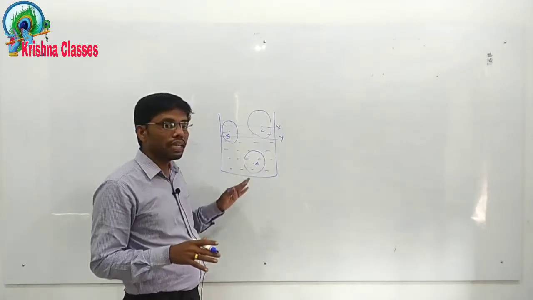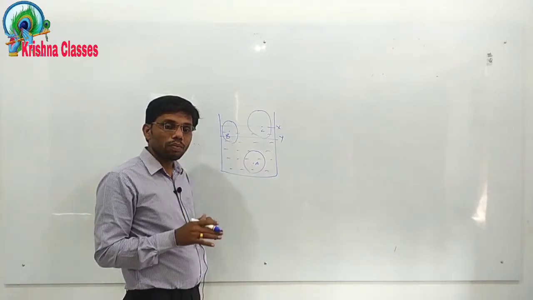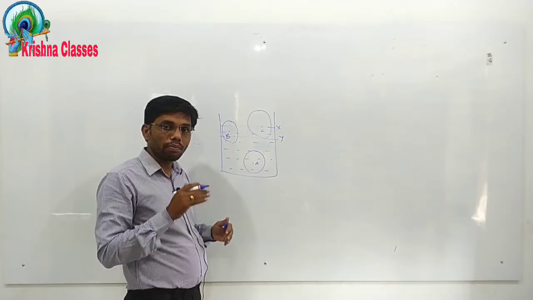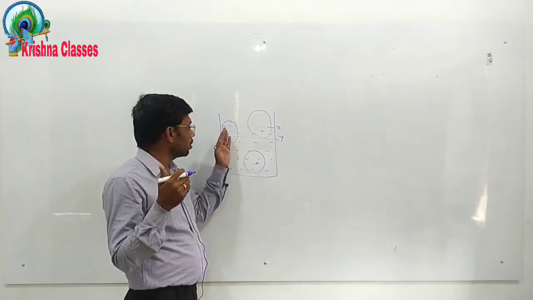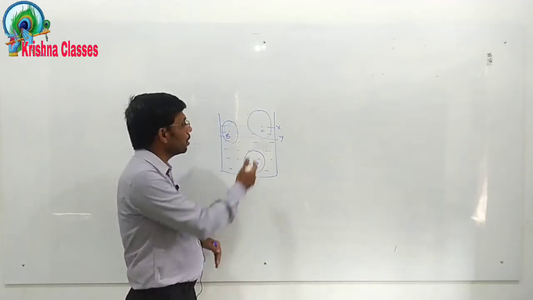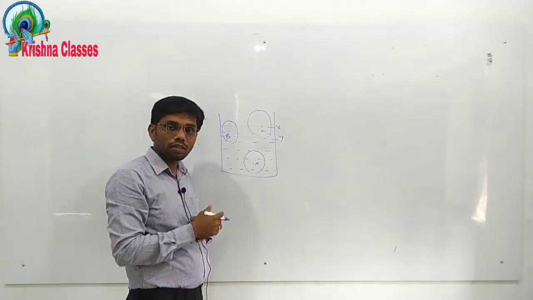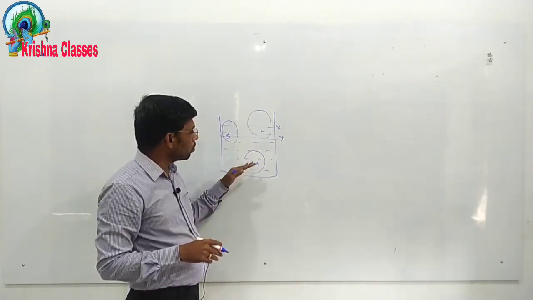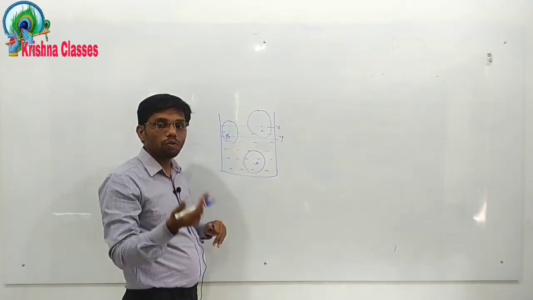But in the case of B and C, some part of their sphere of influence lies outside the liquid, and in the case of C half of it lies outside the liquid.